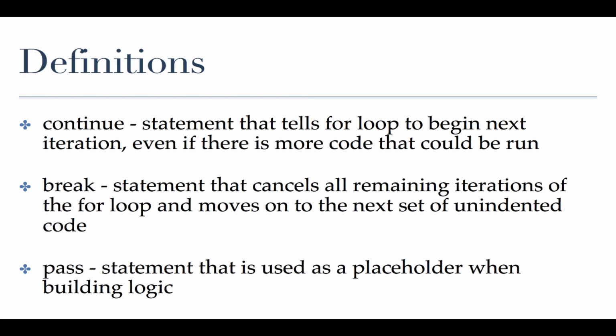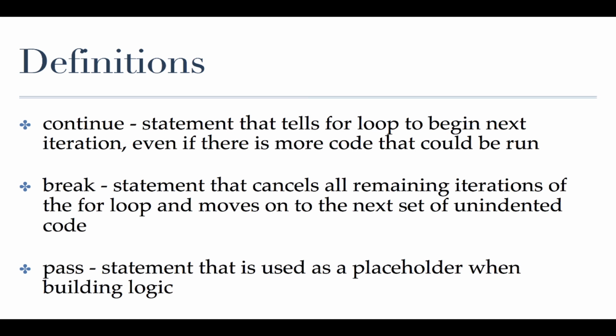The break statement, when it reaches the break statement, rather than moving to the next iteration, it'll simply stop all the remaining iterations in that for loop and move on to the next line of unindented code. So it breaks your for loop. And lastly, we have the pass statement. The pass statement is a placeholder.